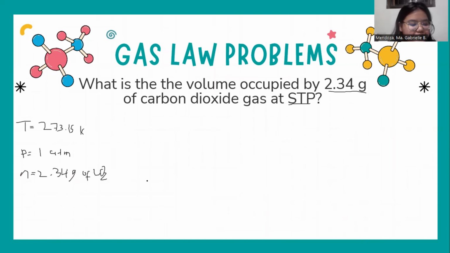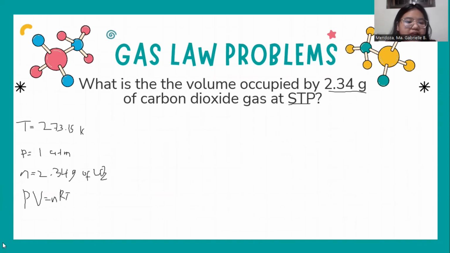CO2. To solve this gas law problem, we can use the formula for the ideal gas, PV equals nRT.